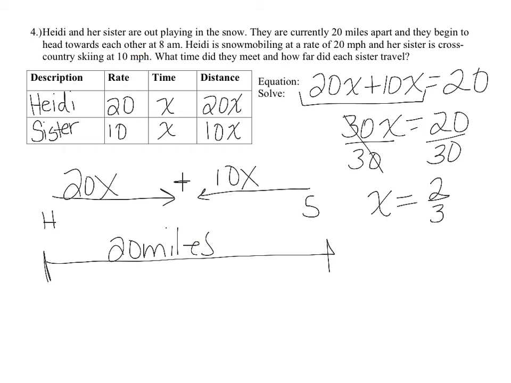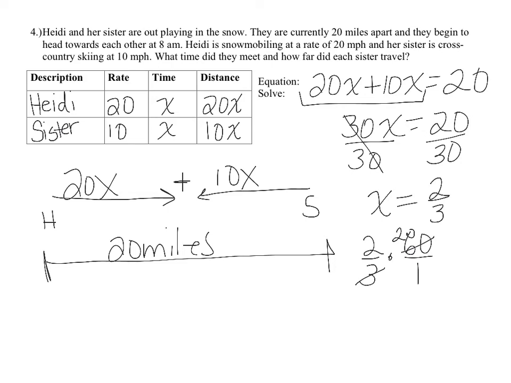So what time do they meet? The x stands for 2/3 of an hour. This is not a whole hour. So 2/3 of an hour is how many minutes? 2/3 of an hour is 2/3 of 60. So that's 2/3 times 60 over 1. 3 goes into 60 20 times, and 2 times 20 is 40.